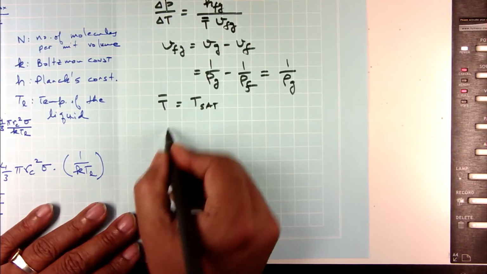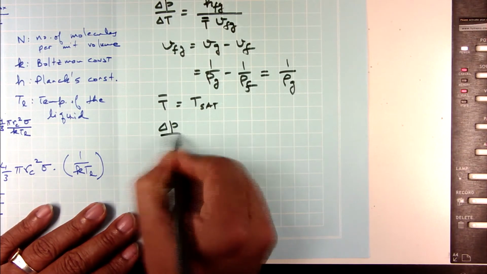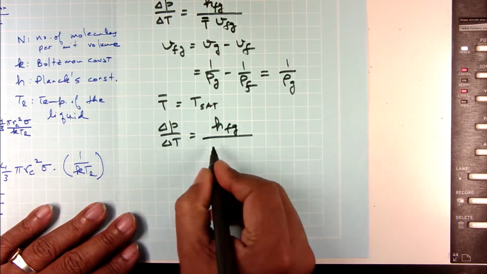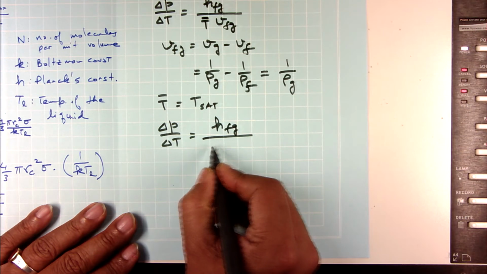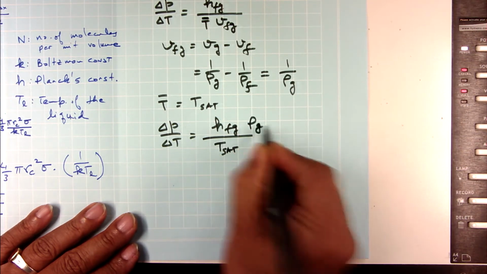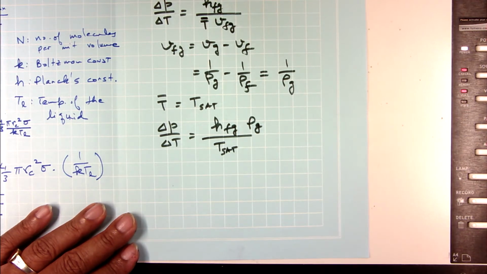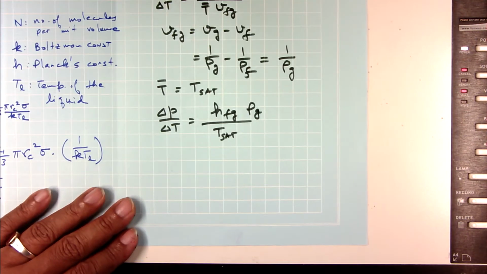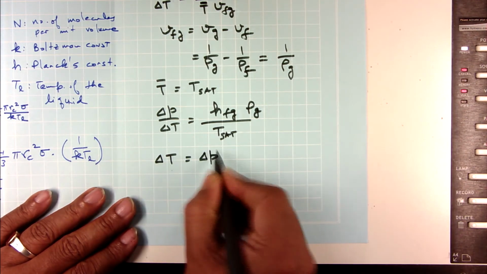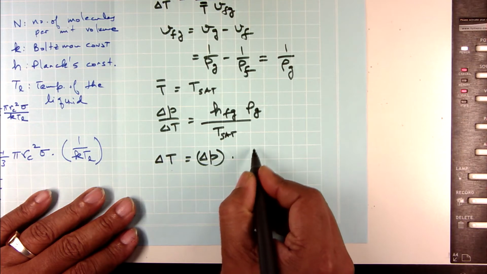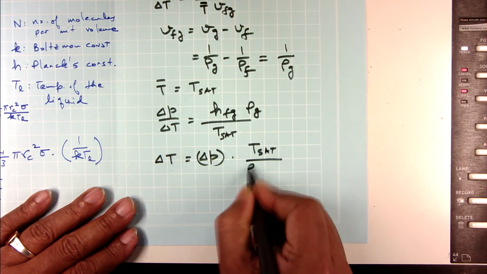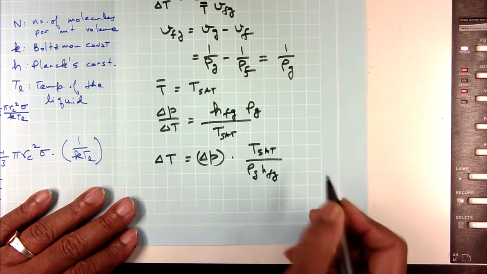So, I can write down my delta P by delta T as being equal to HFG divided by T sat times rho g. So, then your delta T is equal to delta P times T sat divided by rho g HFG.